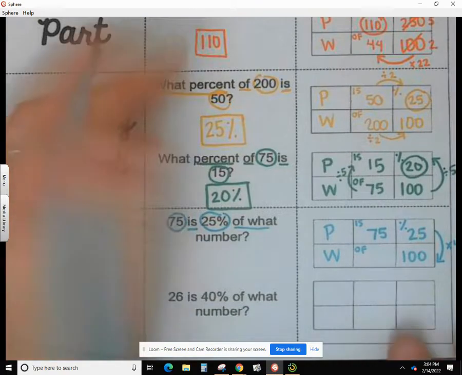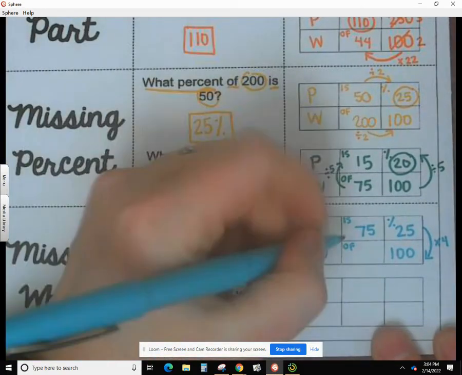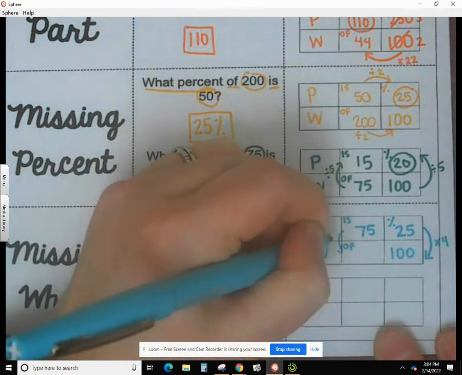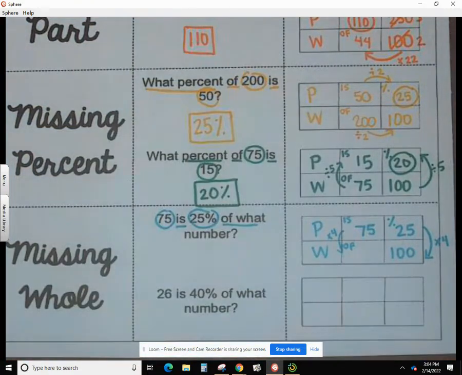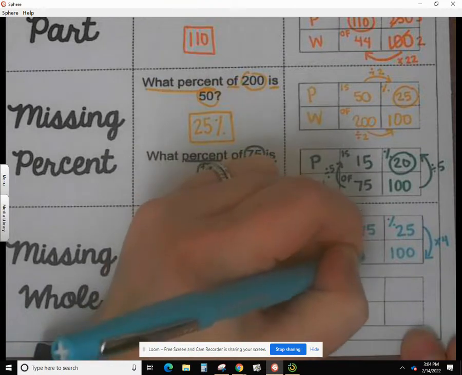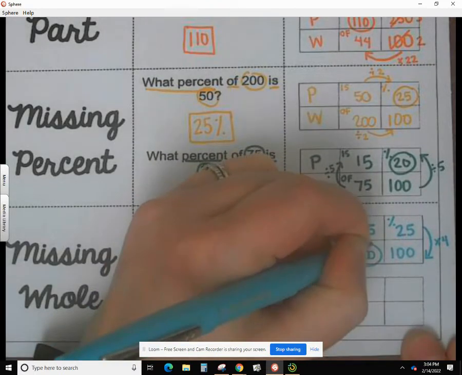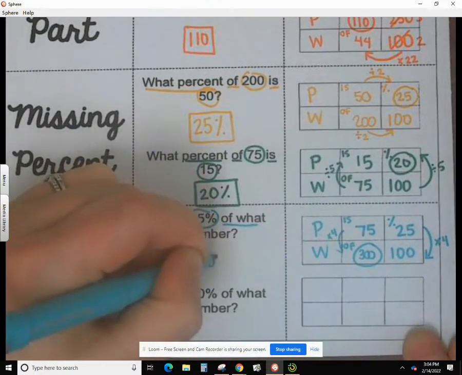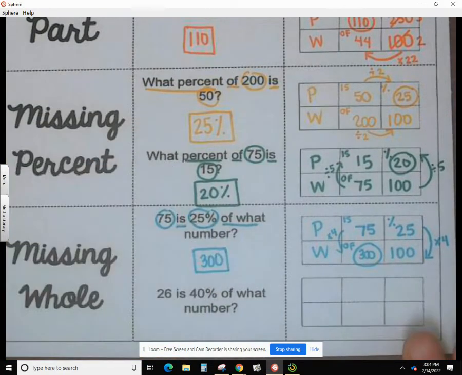So 25 times 4 is 100, so that means we need to do 75 times 4. Most of us probably wouldn't know that off the top of our heads. So we could always work that to the side, but I will tell you that that is 300. So the answer here is 300.